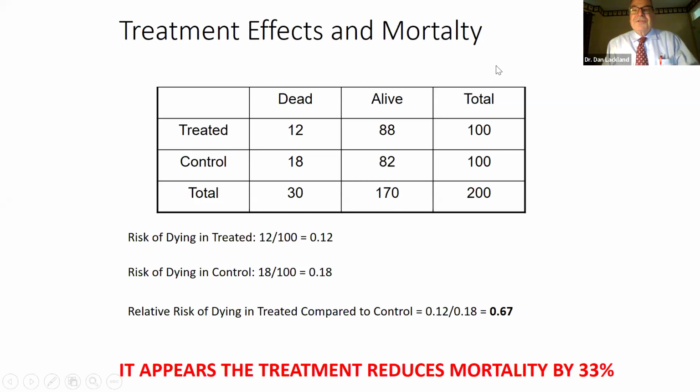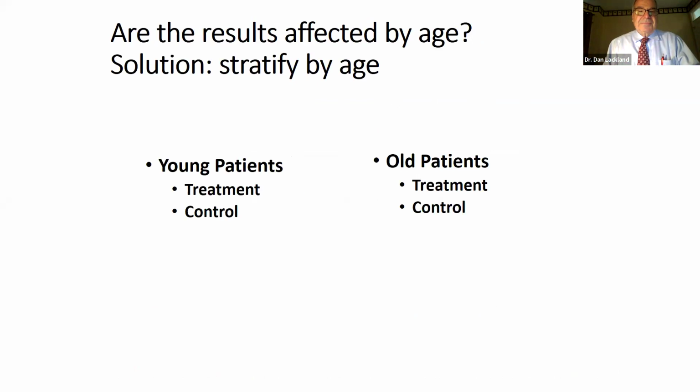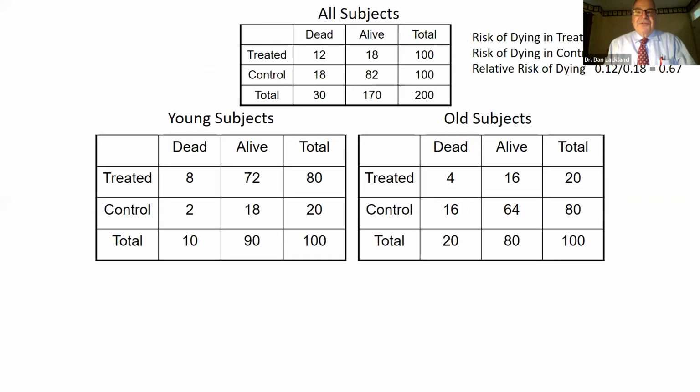Following Dr. Weber's cue, maybe we need to look at it a little bit differently, and maybe we need to know what's happening. So maybe we should stratify, in this case, by age to see what we're getting. Well, in this case, we'll take our young patients, we take our old patients, and analyze them, stratifying them by the different age groups.